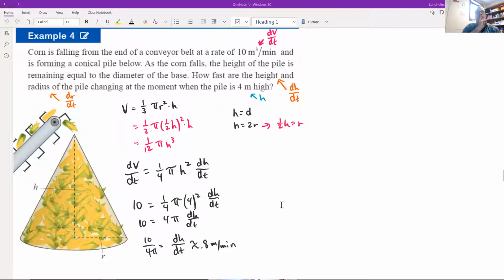But yeah, that's a cool thing for the height. And I suppose we could do the same thing for the radius, since we're asked for dr dt.